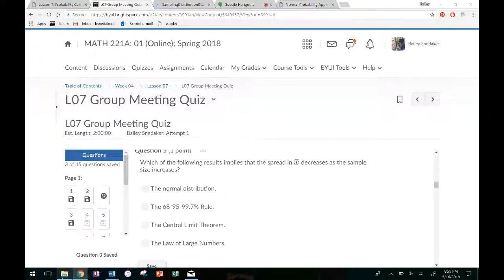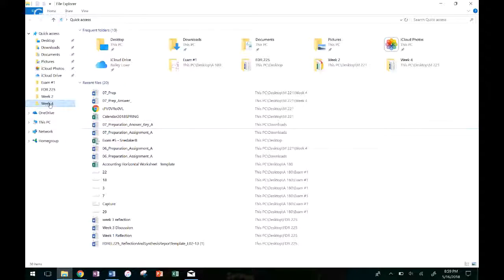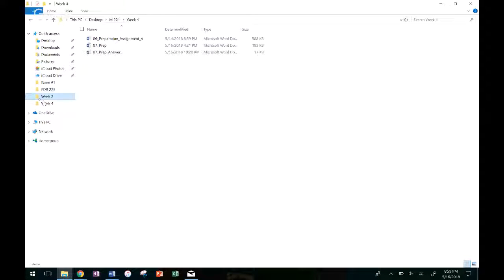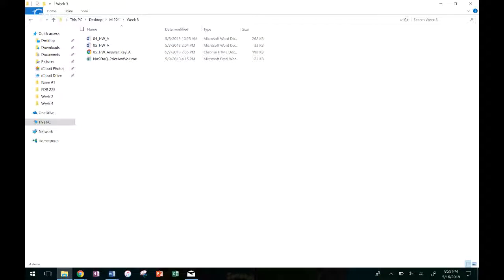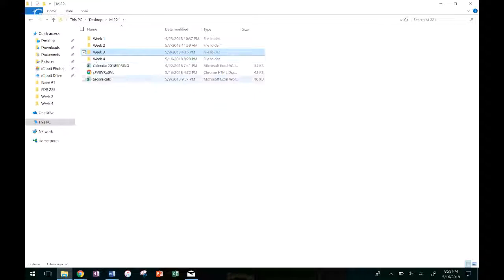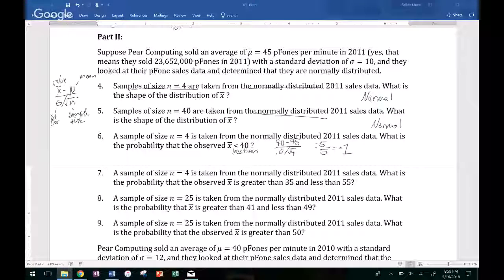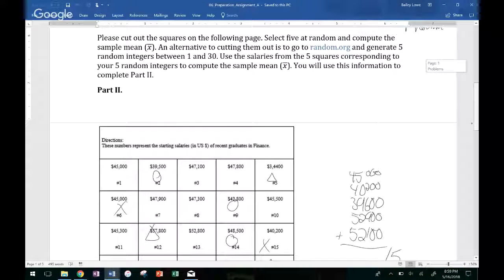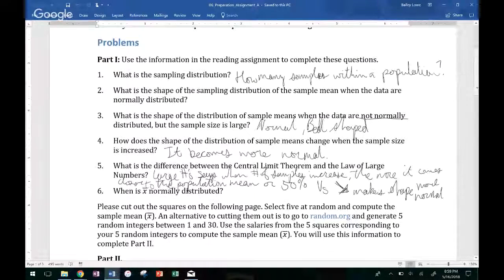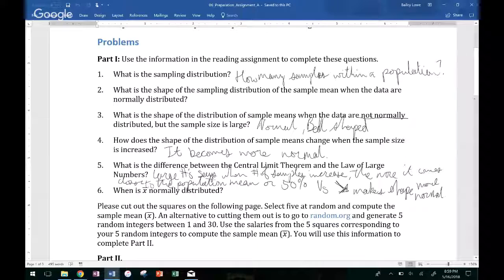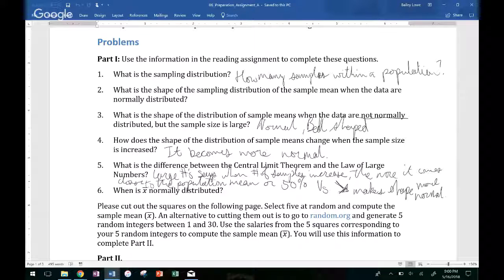Let me look. Okay. When the number of samples increases, that makes the shape more normal.